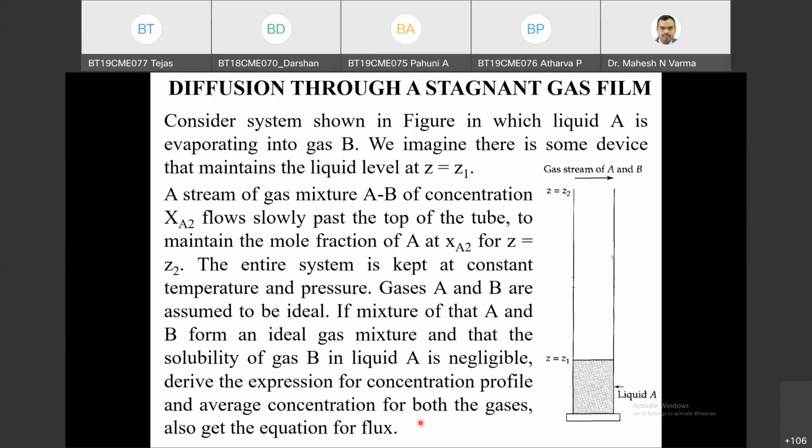Yes, sir. Here the liquid A is evaporating into gas B, and the liquid height is maintained at Z1.